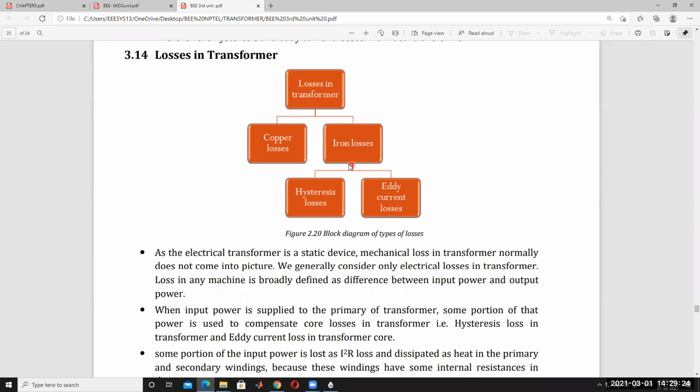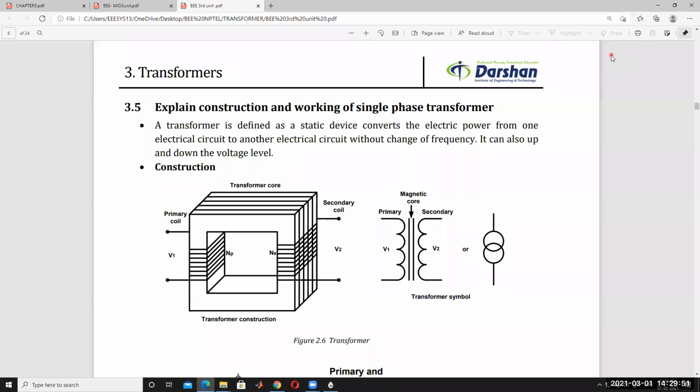Understood? The transformer core is made of different silicon strips, this one strip and another strip, not a single solid conductor. Different strips are placed together, and each strip is separated by some insulation.